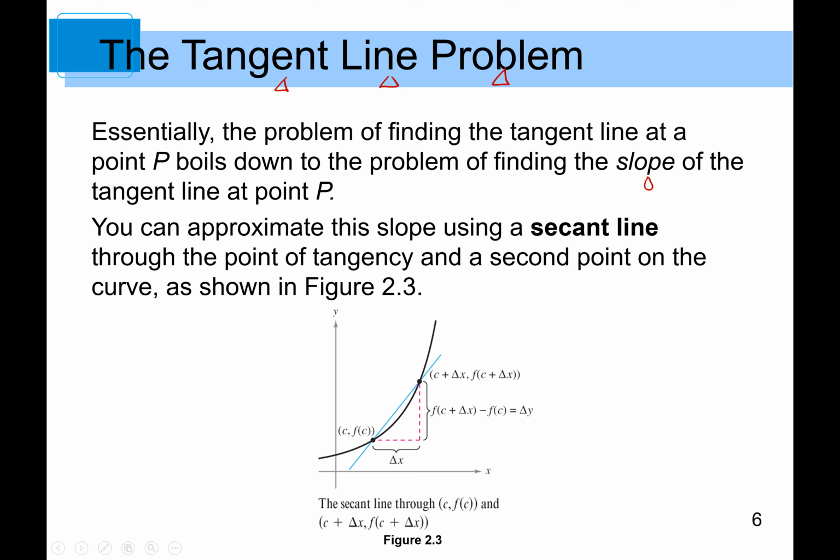So basically, we approximate the slope using the secant line. So this is our point C. And we find a point which is kind of close to point C, with the delta x. So the horizontal distance from the point C to the nearby point is delta x.